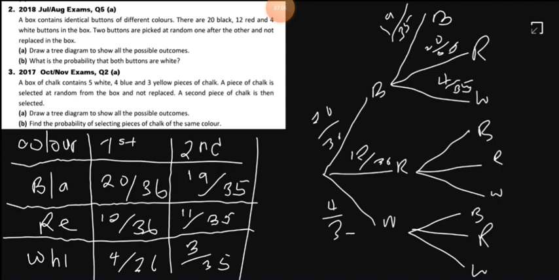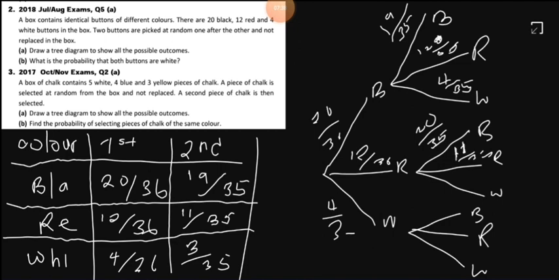What if you picked red first? Black remains the same, 20 over 35, and red here is supposed to be 12, not 20. Then here it will also be 12 over 35. White remains, but since we picked red, it becomes 11 now.